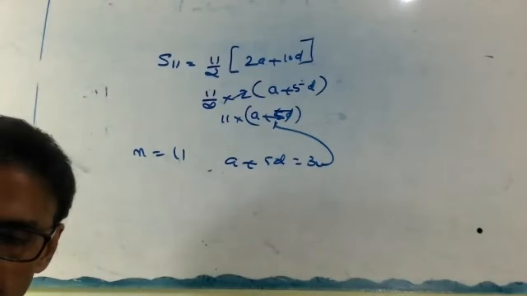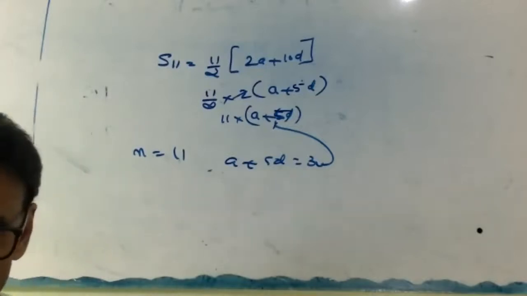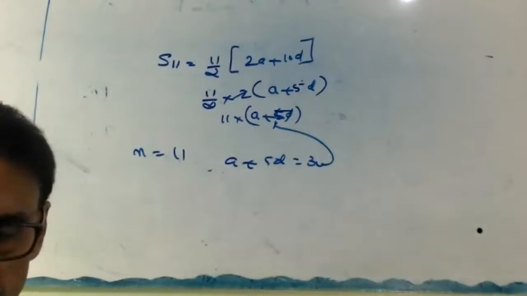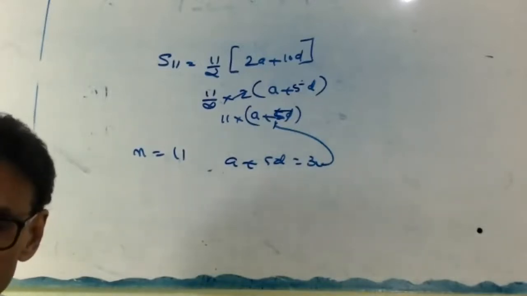Number of terms is an odd number, N equal to odd. So (N plus 1) by 2: 11 plus 1, 12. 12 by 2, sixth term. Sixth term is A plus 5D equal to 30. Finish.